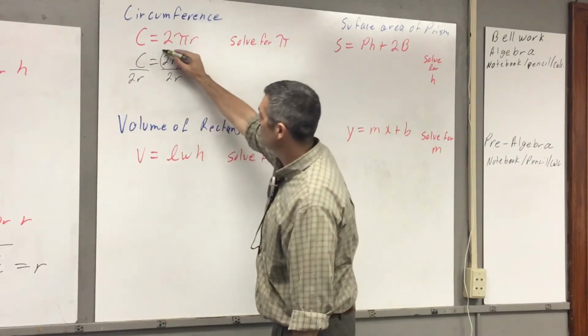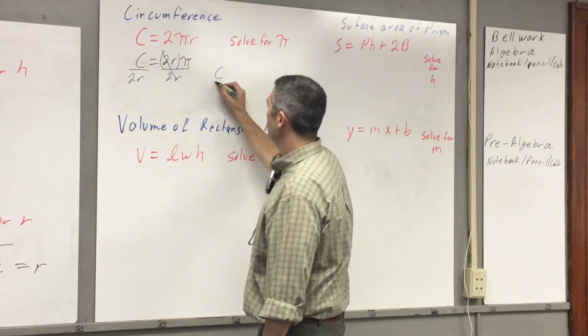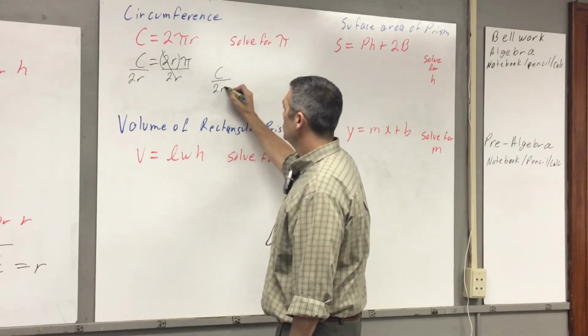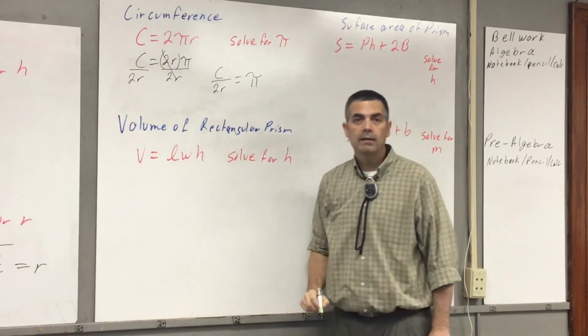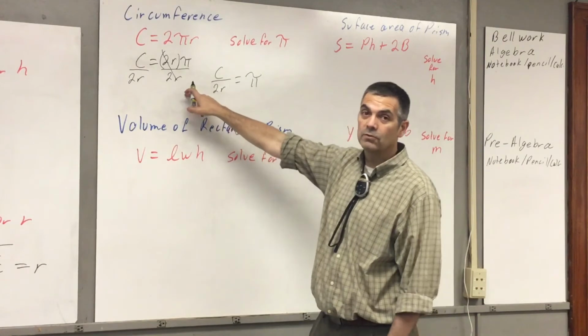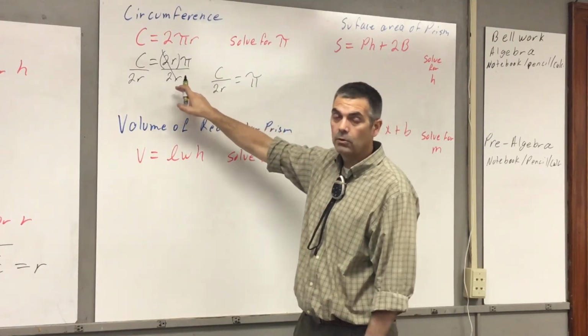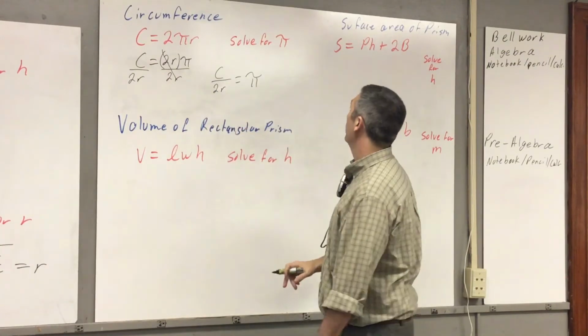Now this will cancel this out, and it leaves me with circumference over 2r equals pi. And that's the way that kind of works out. Commutative and associative properties, if you know them, you know how they work, this makes this a lot easier. All right?